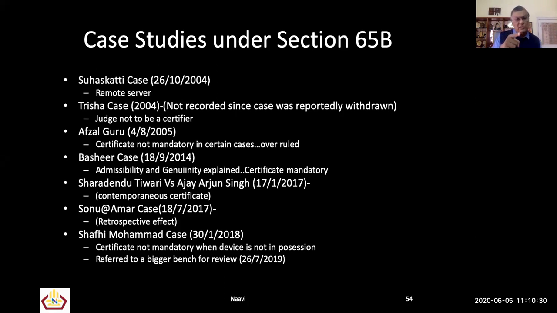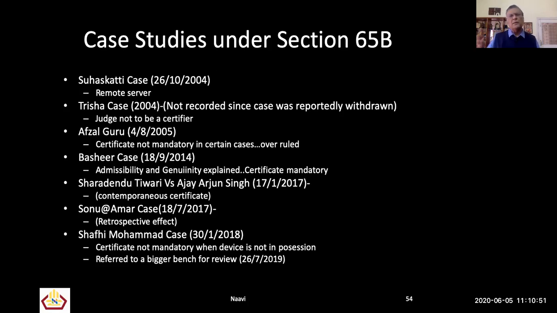One of those convicts applied to the Supreme Court saying that I have been convicted by use of an electronic document without a Section 65B certificate, therefore I should be released. This person was a kidnapper and a murderer, and the court obviously did not want to give him any leverage. They said we will not reopen the old cases.